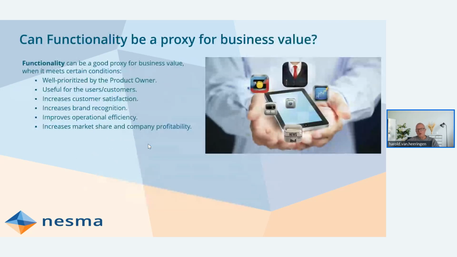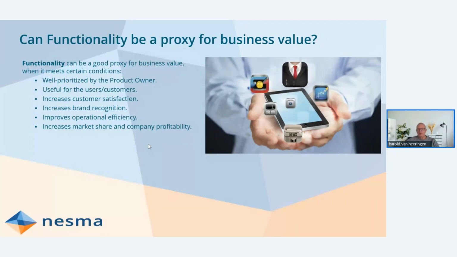Well, the way we look at it, and I started this presentation with also a short explanation of NESMA, we look at functionality. We think that functionality is a good proxy for business value if it meets certain conditions. It should be well prioritized.